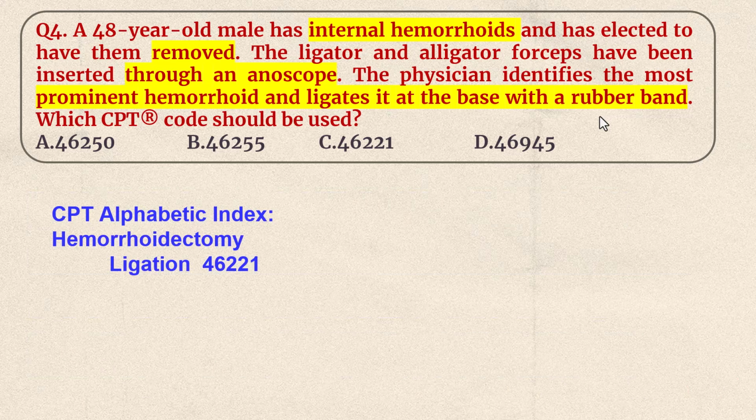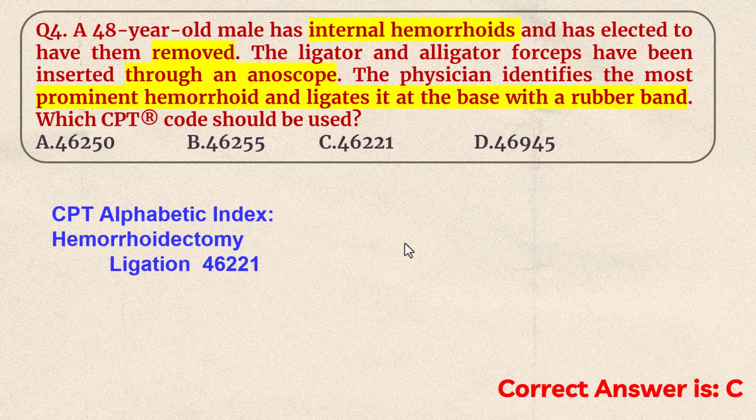So go to the CPT alphabetic index. There you have to go to hemorrhoidectomy. There you can go for the subcategory ligation. It will lead you to the code 46221. Again, you have to go back to the tabular list and confirm the answer.